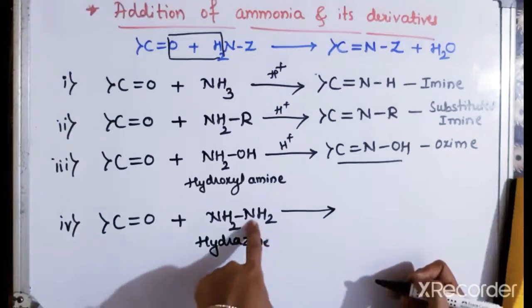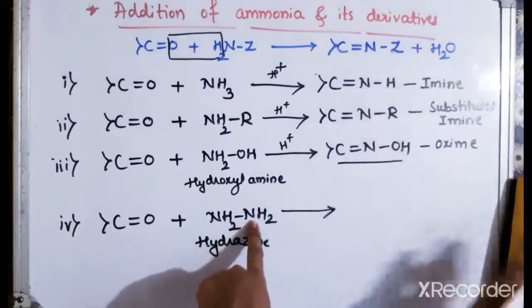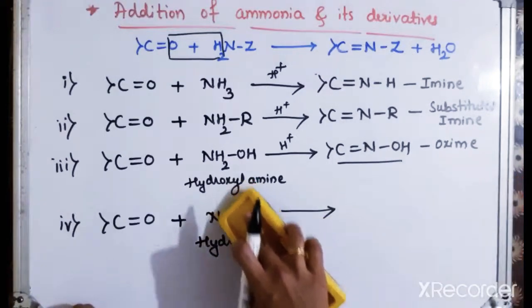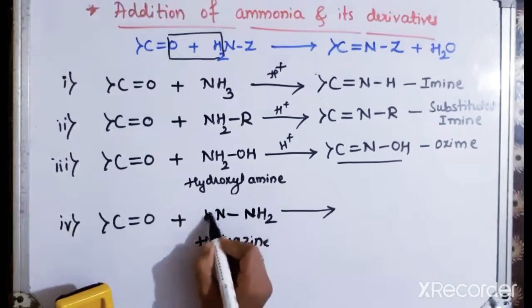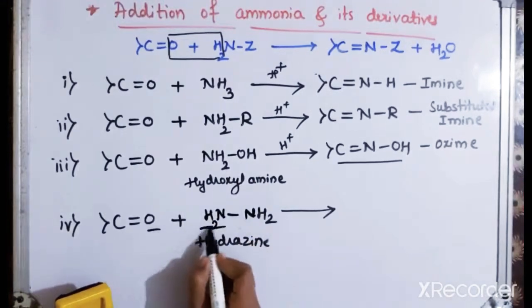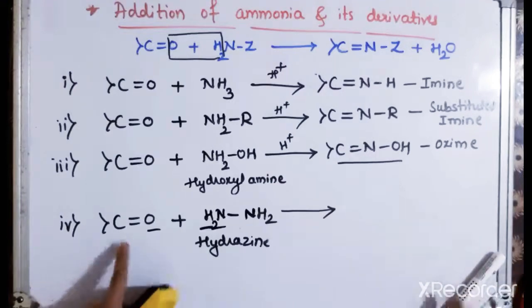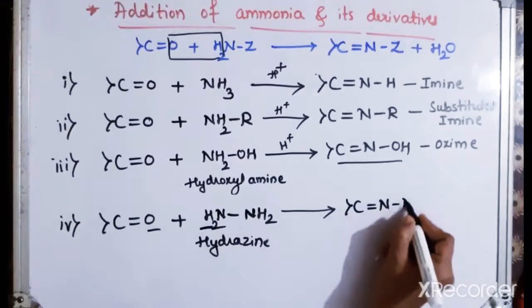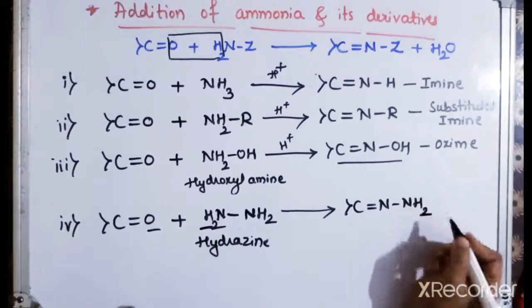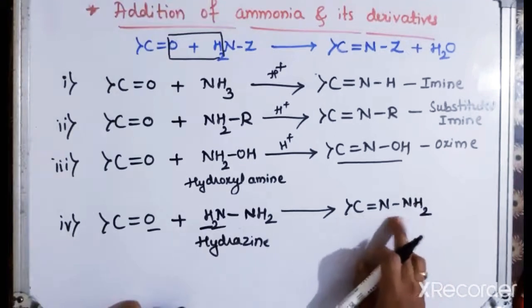See, in place of Z we have NH2, so we can write NH2 directly, or you can remember it like this, NH2. There is a loss of water, H2O is eliminated. So carbon is doubly bonded with the nitrogen, and nitrogen further links with the NH2 group. So we are getting compounds of the formula C double bond N NH2.